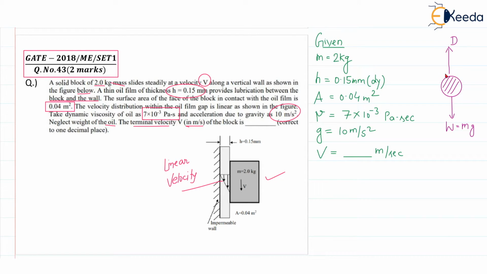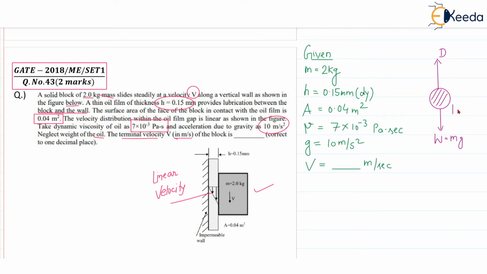At that point the weight of the body is exactly equal to the drag force, so there is no acceleration and these two forces are balanced. In this condition, whatever maximum velocity the body or object is coming down with is called the terminal velocity in the downward direction, Vt. That is what we have to find in this question.